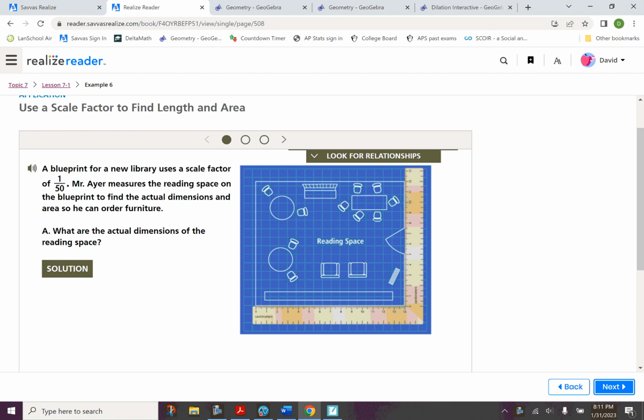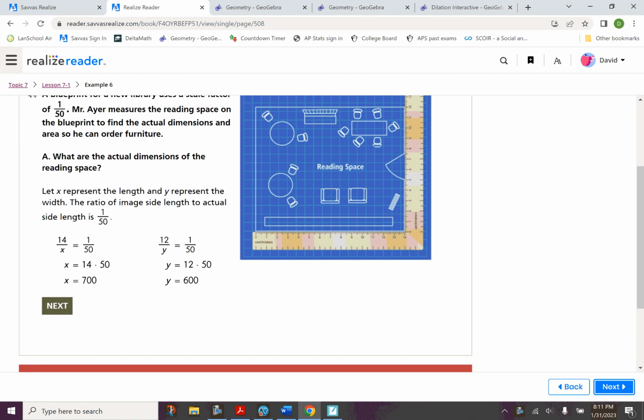It looks like it's 14 centimeters by 12 centimeters. What's 50 times bigger than 14? That'd be 700. What's 50 times bigger than 12? That'd be 600.